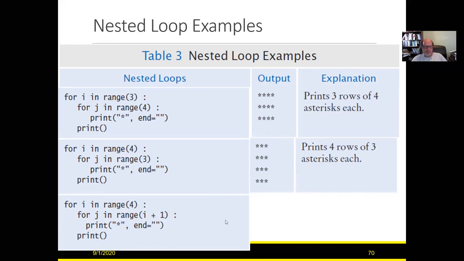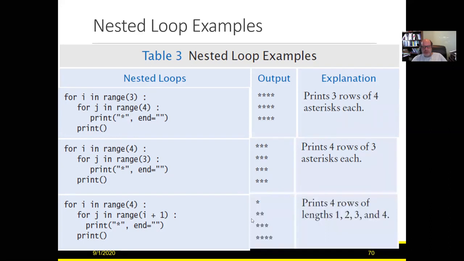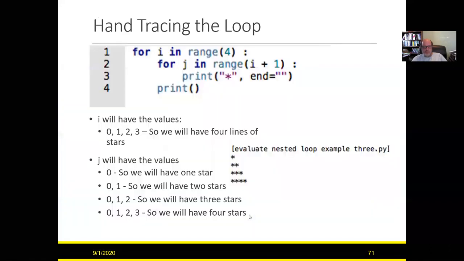And the last one is talking about I in range 4, but the J is going to be in range of I plus 1. So as I am increasing my rows, my J is going to be increasing. So that's what's going to happen to that one.